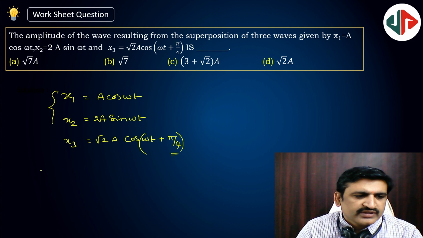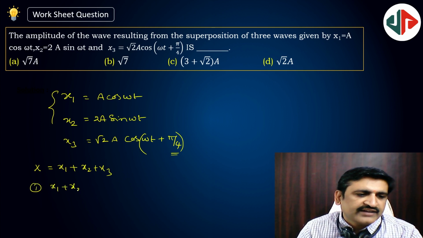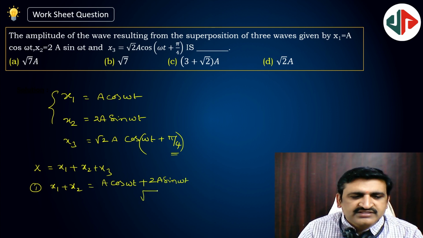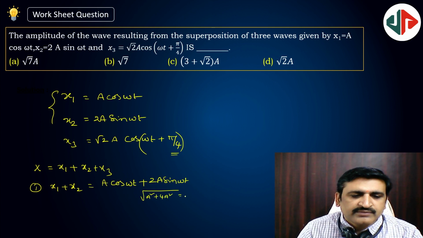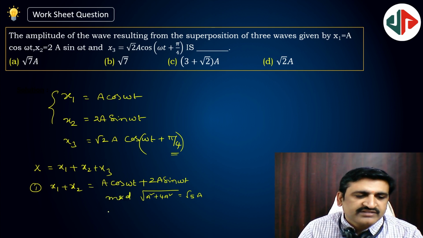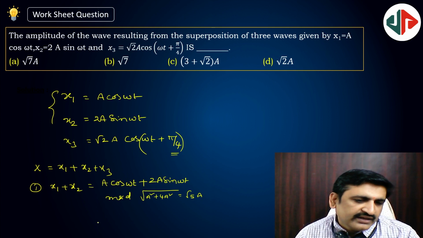Complete x is equal to x1 plus x2 plus x3. But here, first step, we will add x1 plus x2. That is equal to a cos omega t plus 2a sin omega t. So multiply and divide with the square root of a square plus b square, that is a square plus 4a square, nothing but root 5 a.